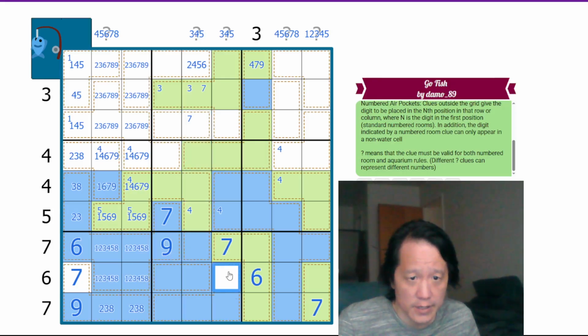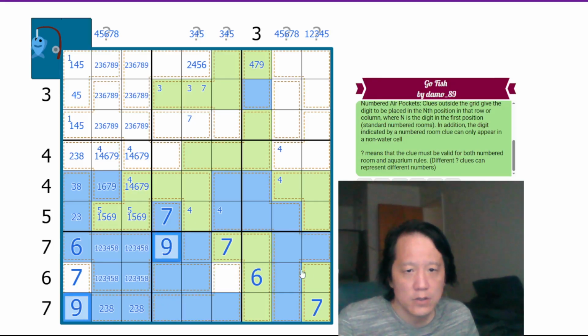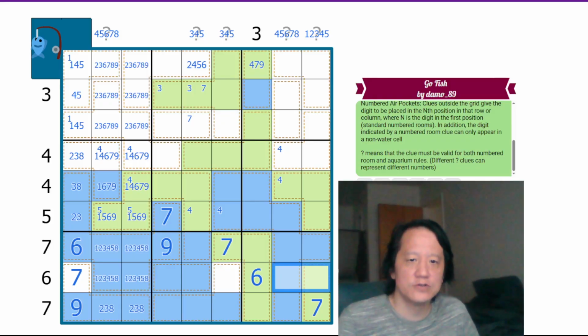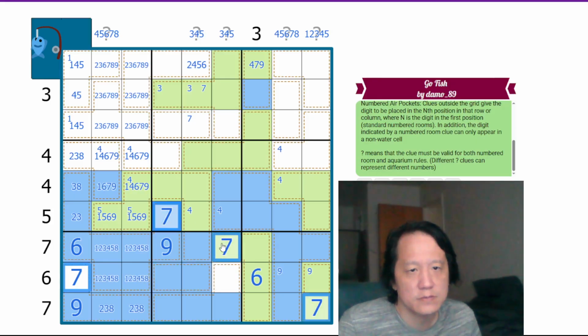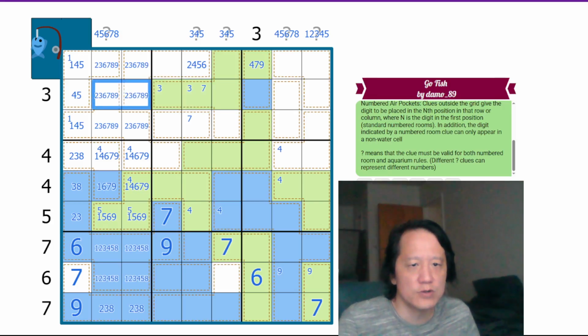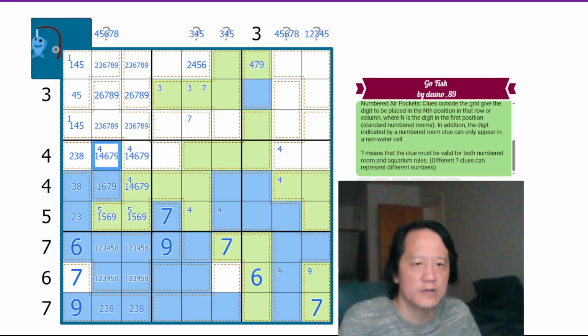This is 9. That means 9 has to be one of these 2 here in row 8. 7 is one of those 2 digits. 3 eliminates 3 in the rest of this row, so no 3 there.